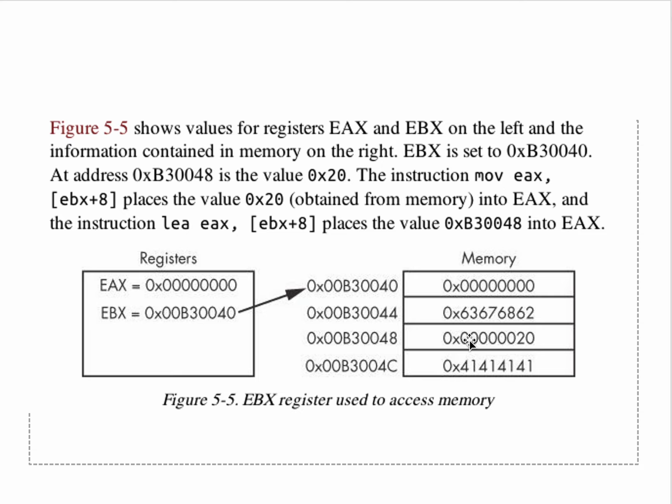It is in fact storing 020 into EAX, because 020 was obtained from memory. That's what the brackets mean. Now the instruction LEA EAX, [EBX+8] literally places the value B348 right here into EAX.